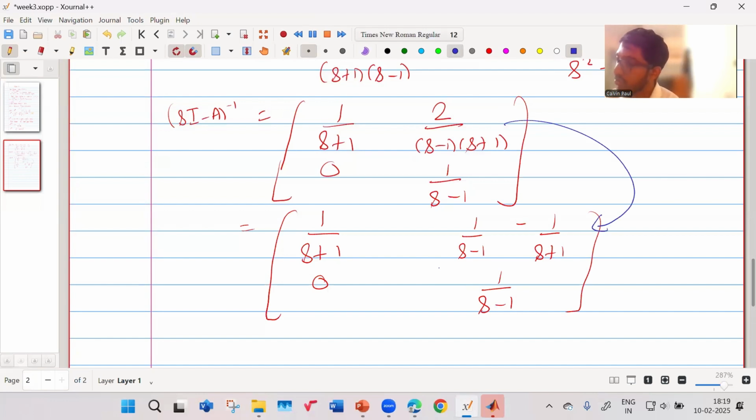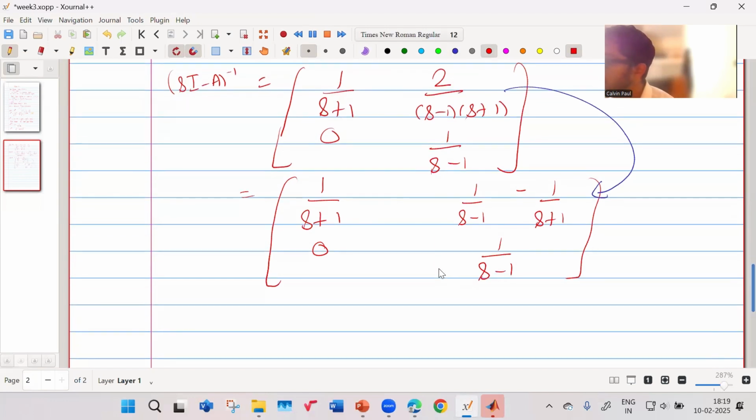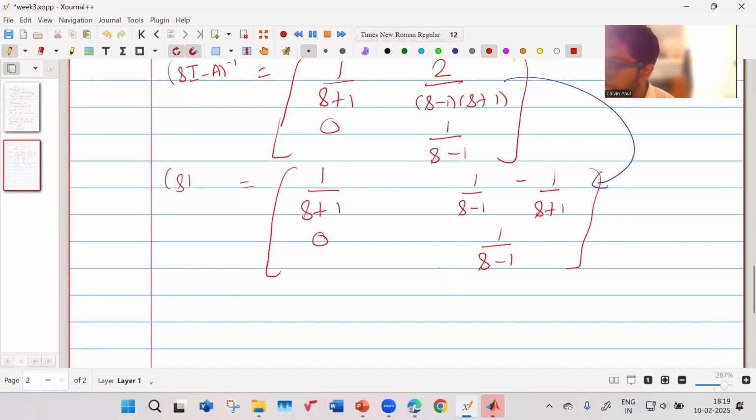If you do the partial fractions, you will get this solution. There is a certain shortcut which I learned in my bachelor's, so I applied it. So we have found sI minus A inverse. Now I have to take the inverse Laplace transform.